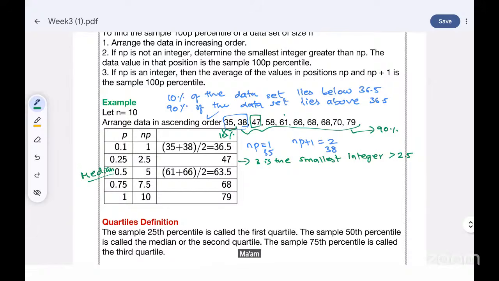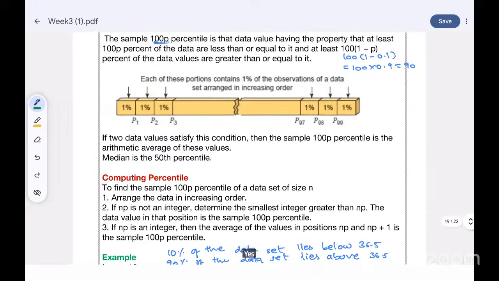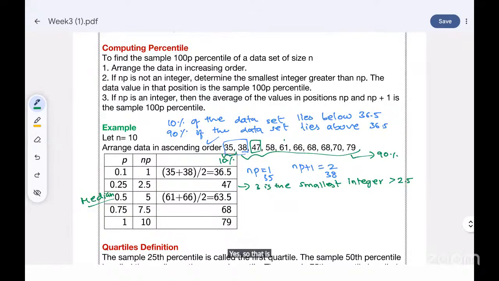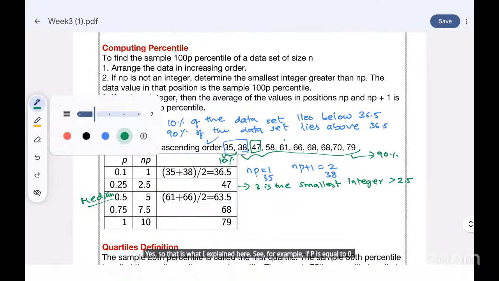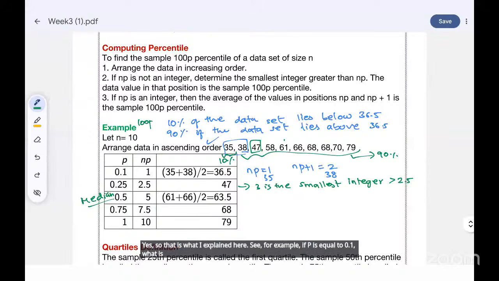I have a question on why 100 into 1 minus p, what does it mean, which is given in the statement at the first? That is what I explained here. See, for example, if p is equal to 0.1, what is 100p? This is your 100p.